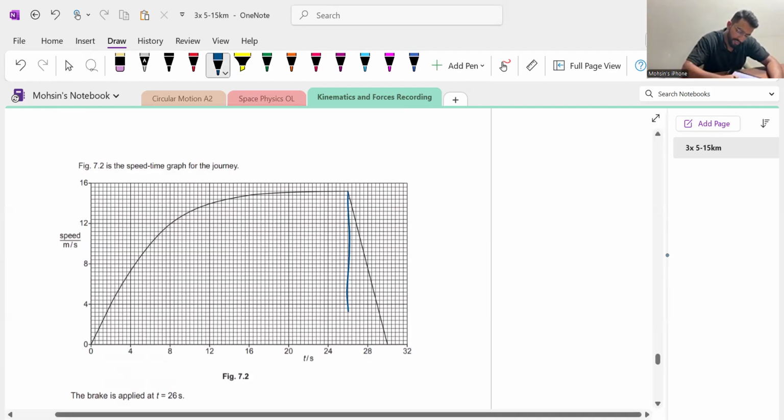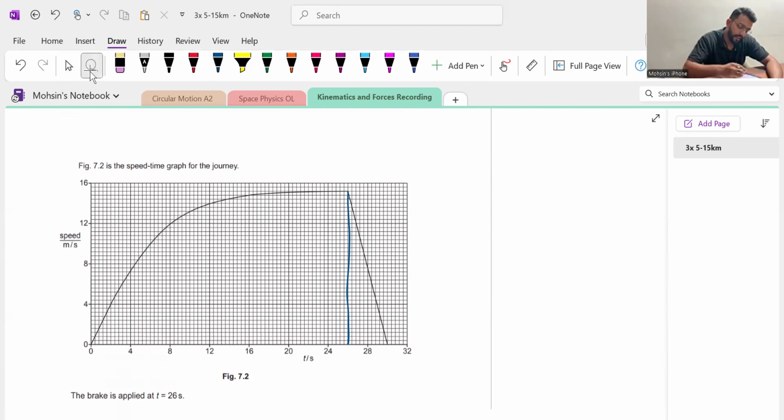This is the whole same story that I have written in the previous question about the terminal velocity, because you can see here that it's a speed time graph and the gradient of a speed time graph gives us acceleration, and we can see that the acceleration is decreasing until the acceleration becomes zero and the object reaches a constant velocity.